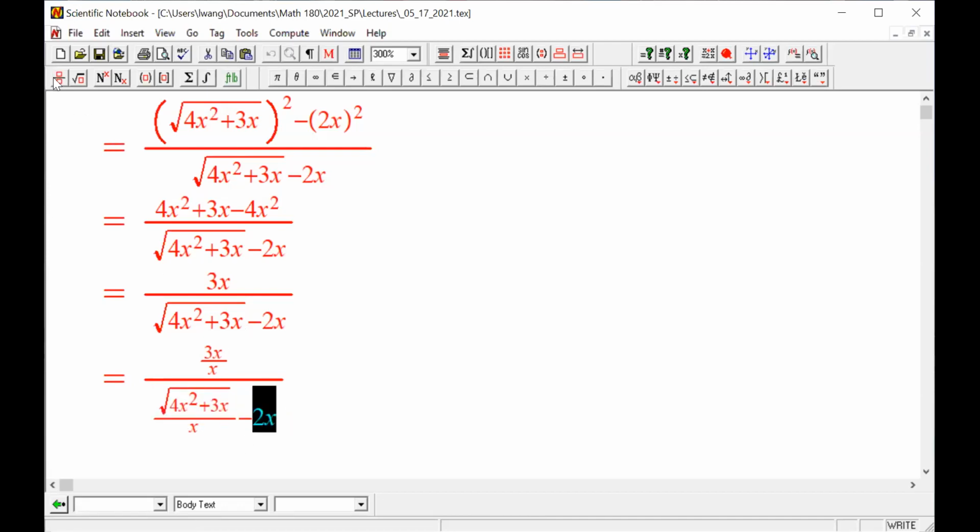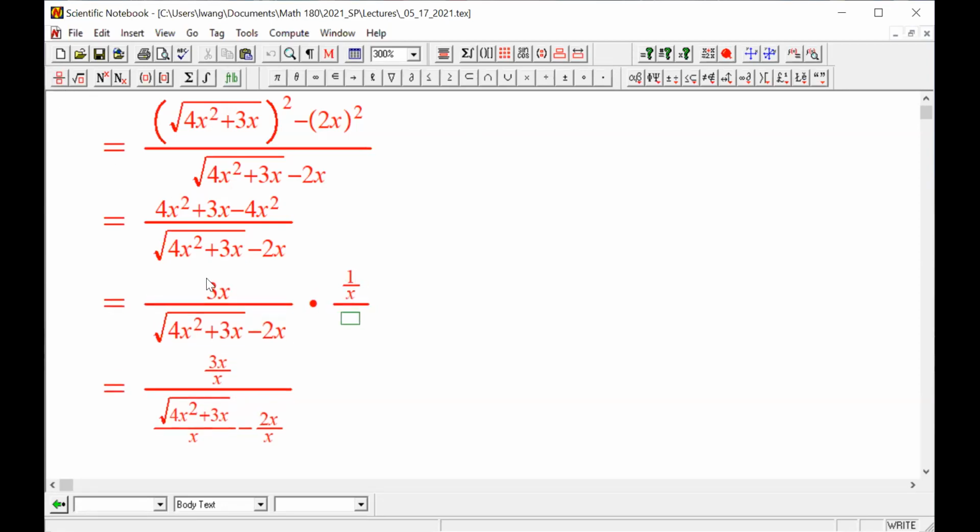And that piece, you divide by x. Anything times 1 stays the same. You basically divide by x on the top and divide by x in the bottom. So what you really did here is multiply by 1 over x, 1 over x. That's what you really did to get to the next step.